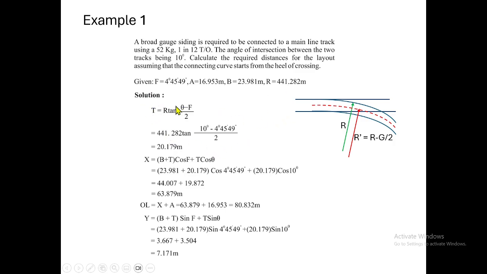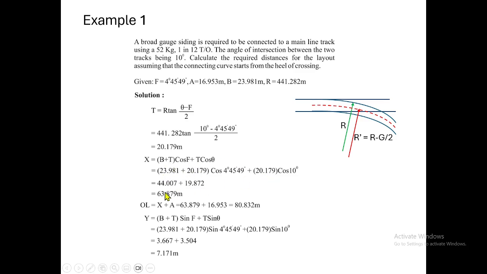Then of course now we can find it one by one. First, for finding our overall length, we want to find the x distance, and for that we must first know the tangent length T. The formula was already discussed: R tan (theta minus f) divided by 2. Substituting the radius and all the angles, the 10 degree inclination angle minus the crossing angle, we get the tangent length equal to 20.179 meters. Then the x distance, of course, is the horizontal distance: B plus T cos f plus T cos theta.